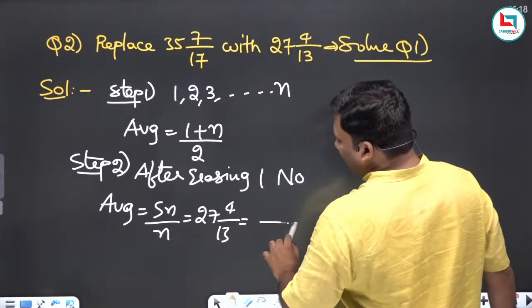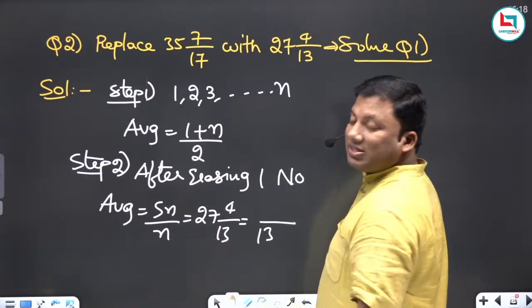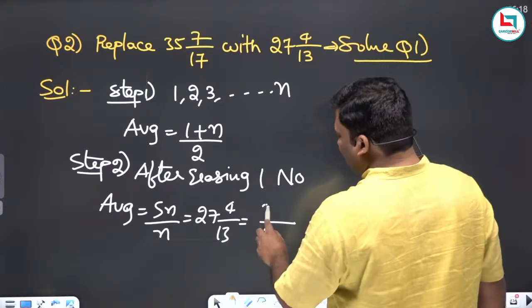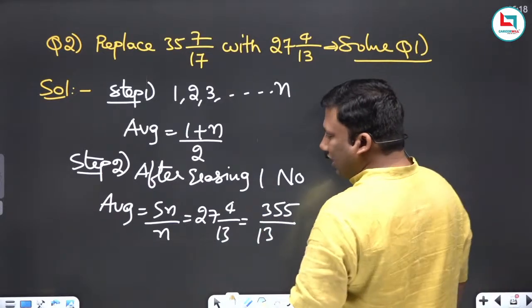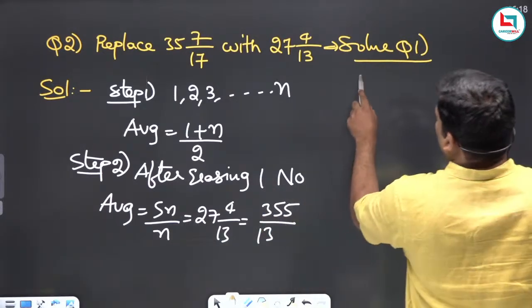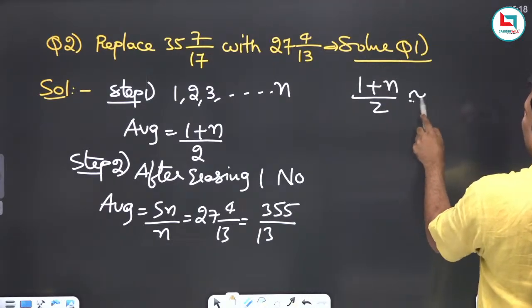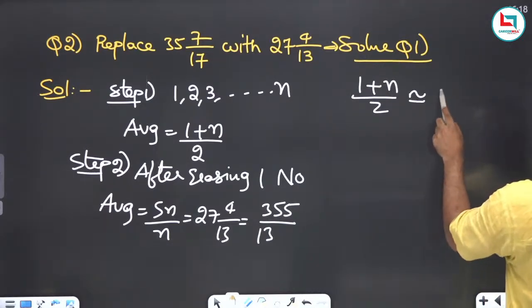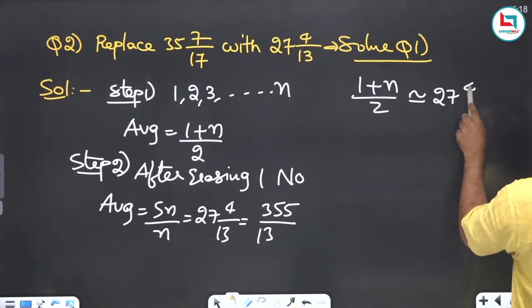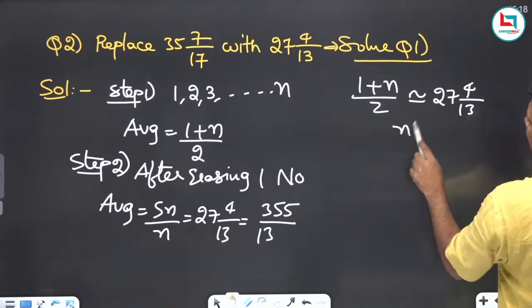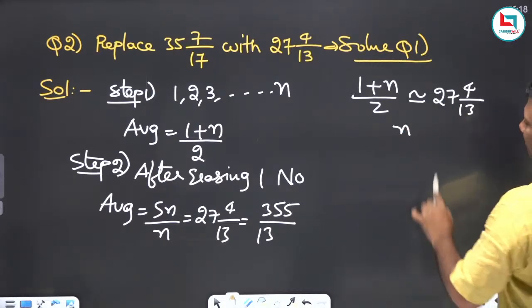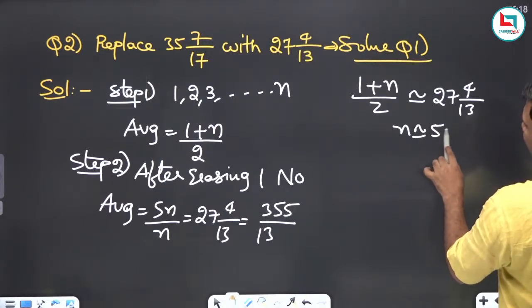Convert it into a fraction: 13 27s are 351, plus 4 is 355, so 355 by 13. 1 plus n by 2 is the actual average. A number got erased, so it is approximated to 27 4 by 13. That means the average should be around 27, so n should be around 54.